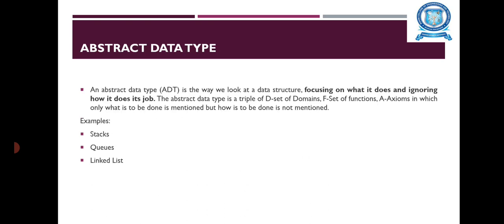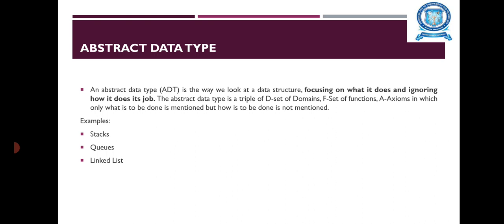Then next one is the abstract data type. An abstract data type is defined as ADT, and it is a way of looking at a data structure focusing on what it does and ignoring how it does its job.